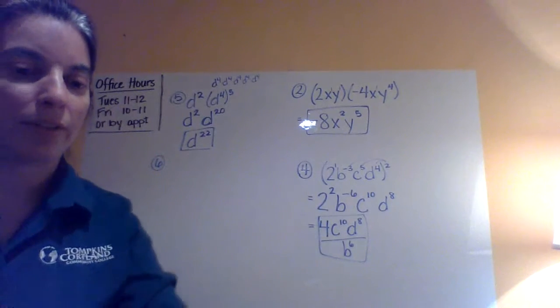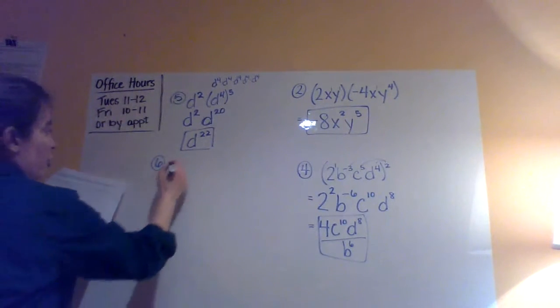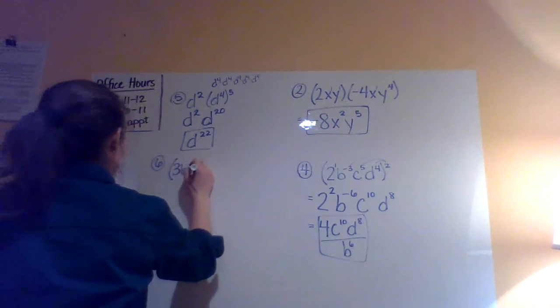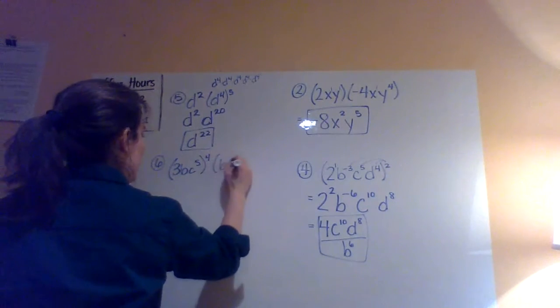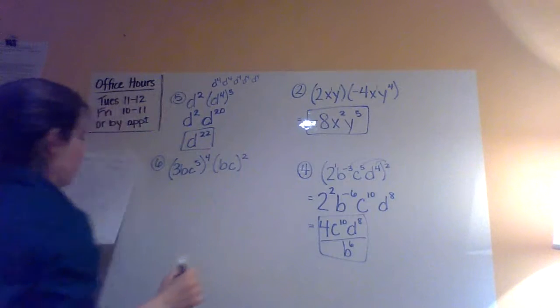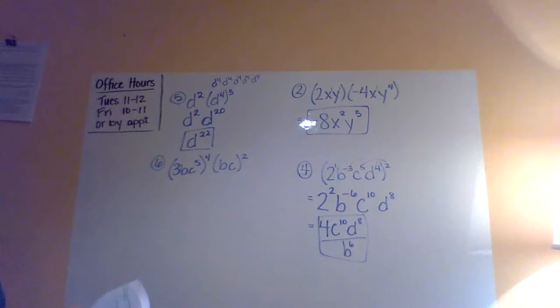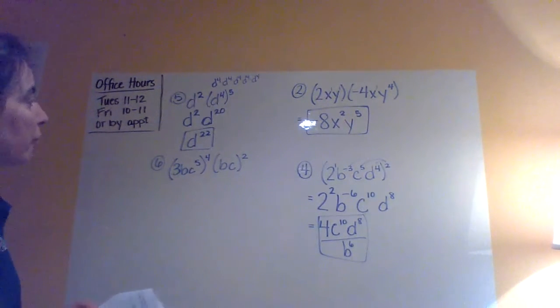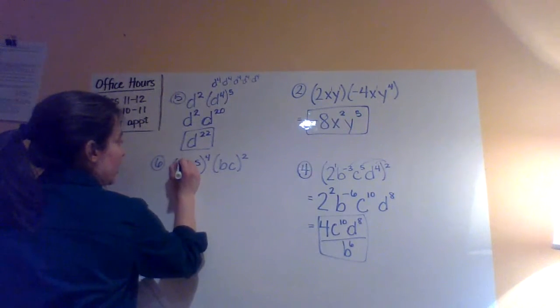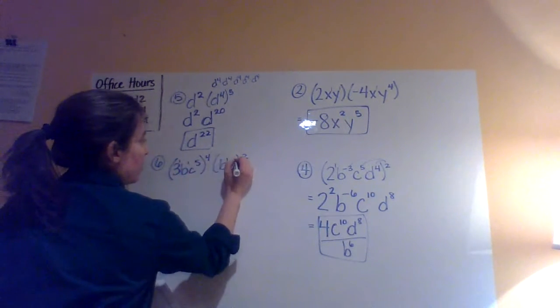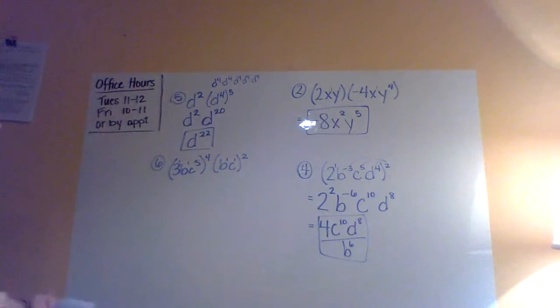Okay, number 6. We have 3bc to the 5th, this quantity to the 4th, and then bc quantity squared. Okay. Again, we want to take care of those parentheses, and we also want to remember that each of these things has a 1 for an exponent.